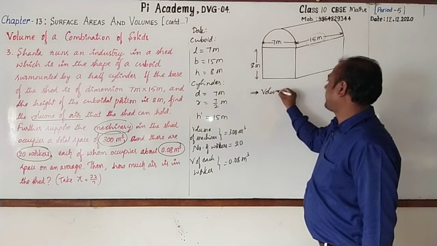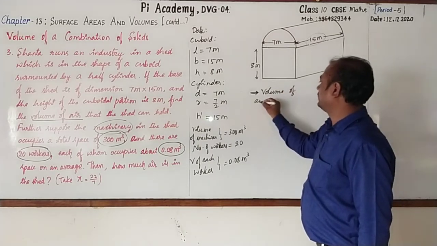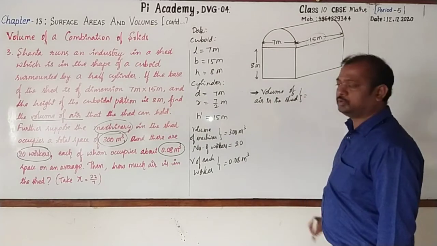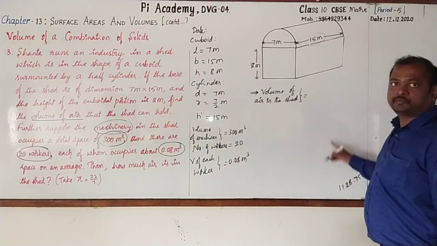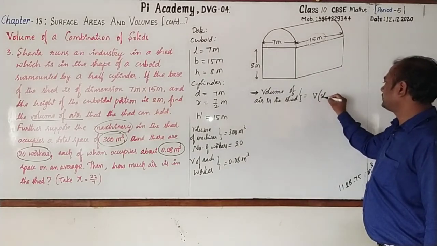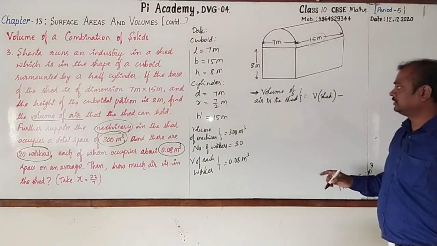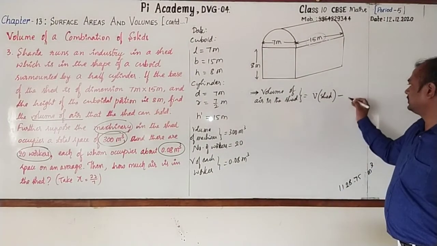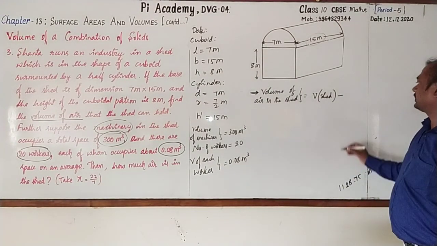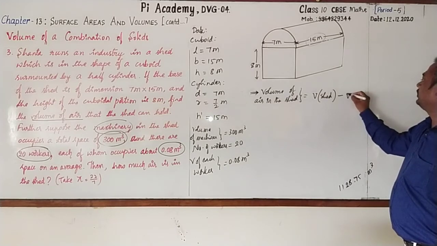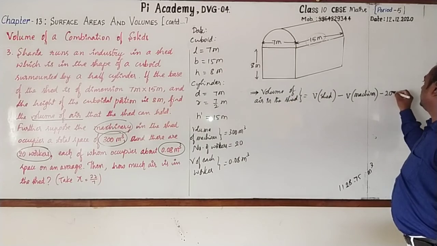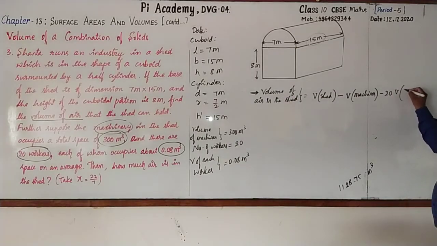Volume of air in the shed is equal to volume of the shed minus volume of machines as well as workers, or minus of volume of machines plus volume of 20 workers. Here I write volume of machines minus 20 into volume of each worker.